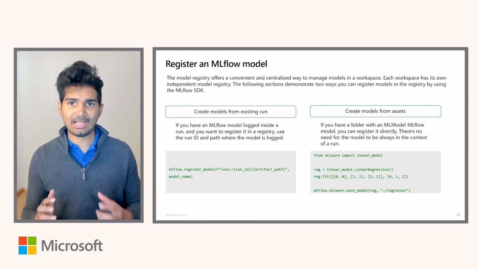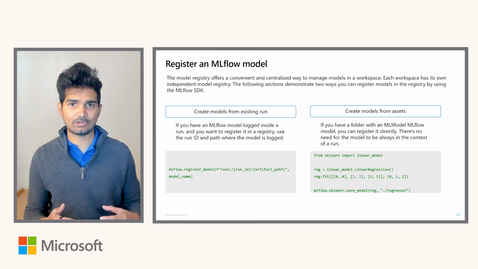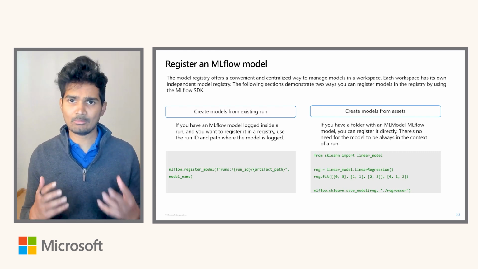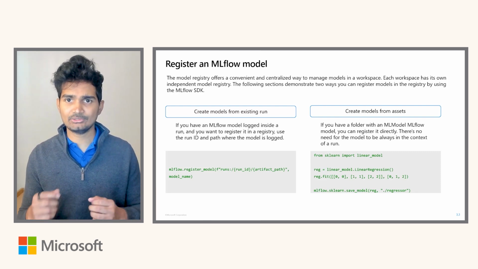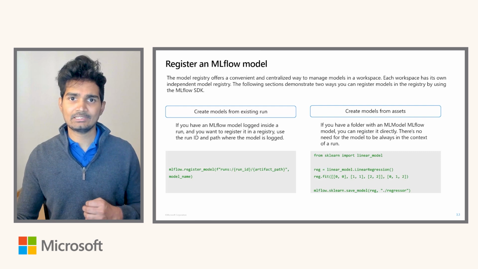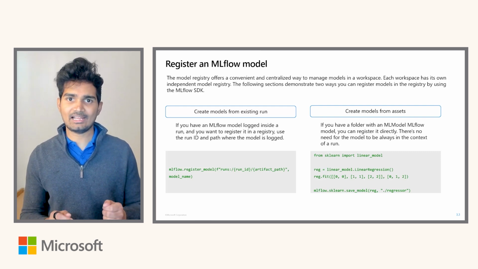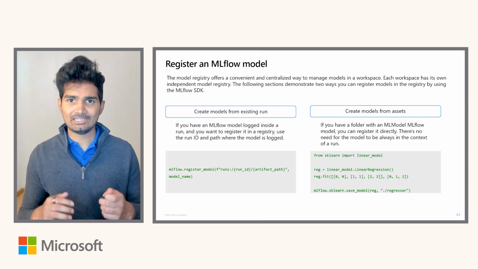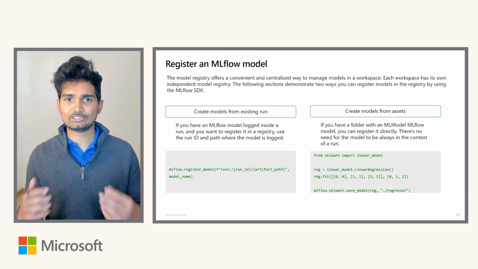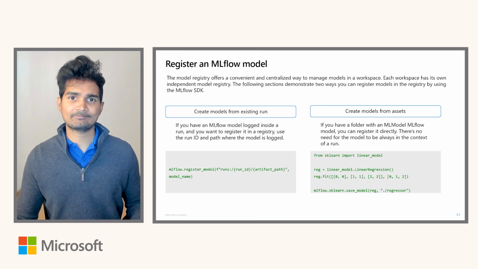If you have a folder with an MLflow model, you can register it directly using the URI schema. The main thing I want to call out here is that these methods ensure your models are accessible and manageable from your Azure ML workspace.